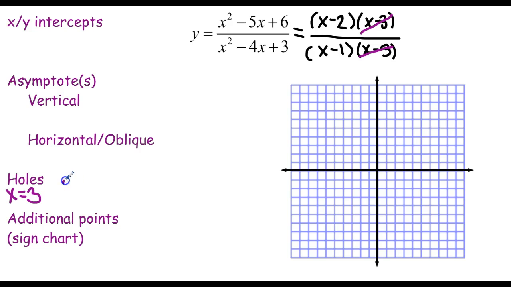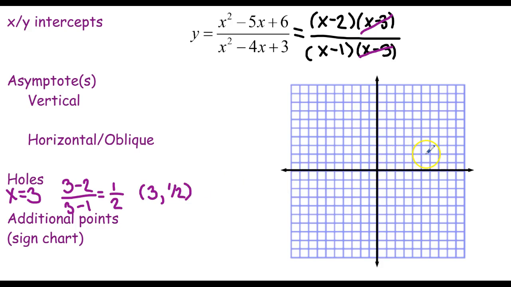So if I plug in 3 for x, I have 3 minus 2 over 3 minus 1. So I have positive 1 over positive 2. So the coordinate of that hole then is (3, 1/2).